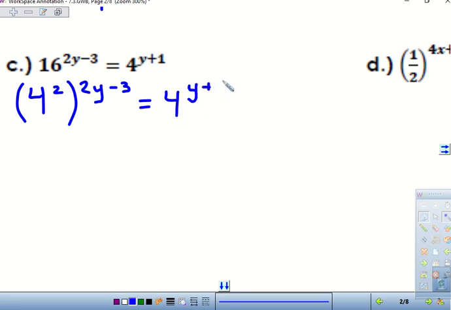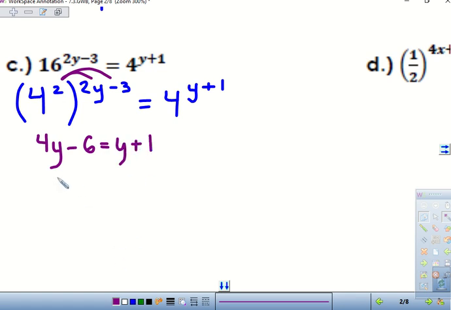So now that I've written it as 4 squared, I now have the common base. So here's where you have to be careful. In order to multiply 2 times 2y minus 3, I have to use what property? Distributive. So this is really going to be 4y minus 6 equals y plus 1.